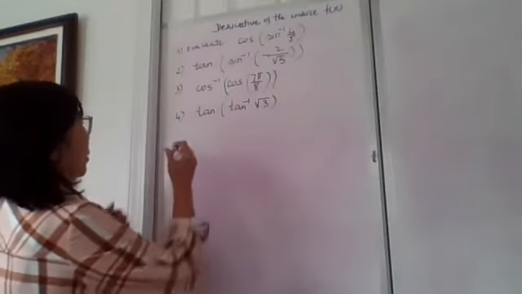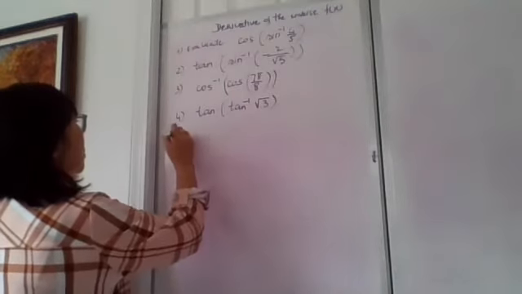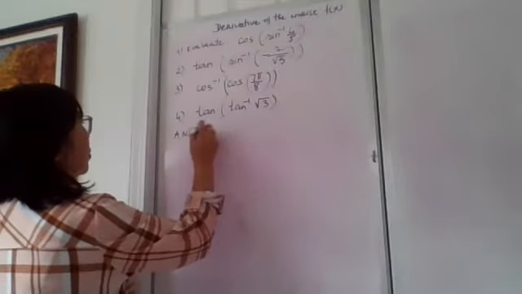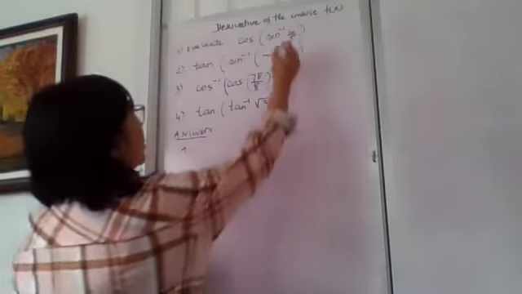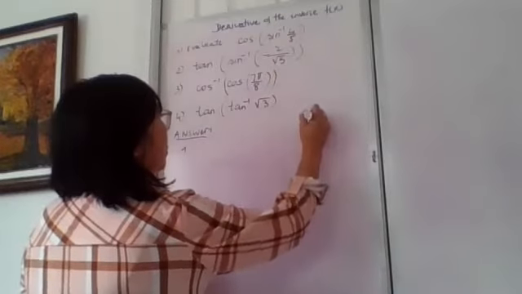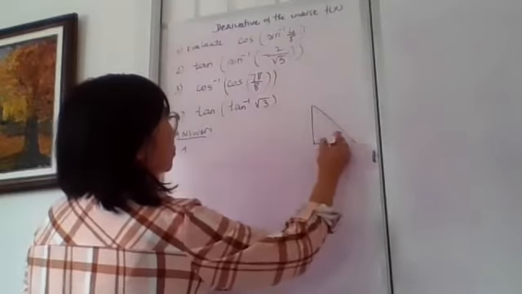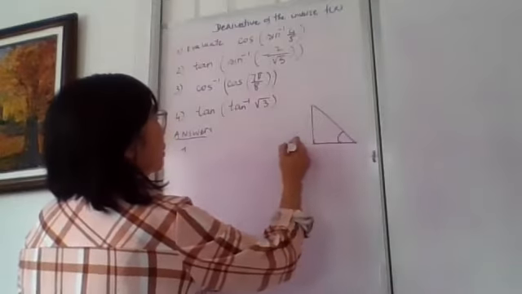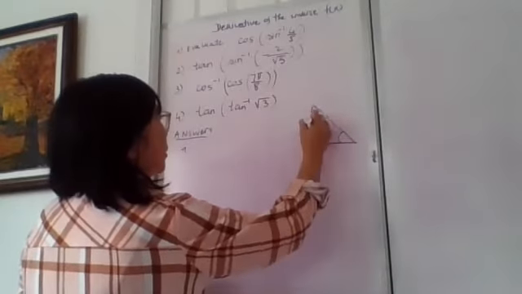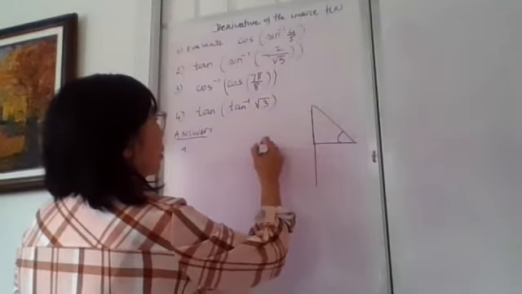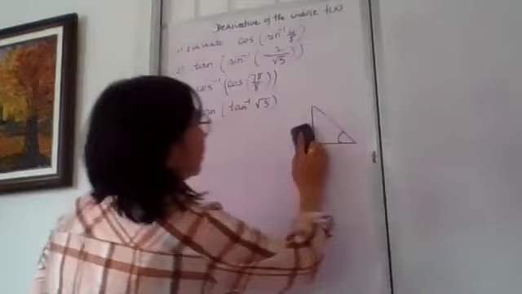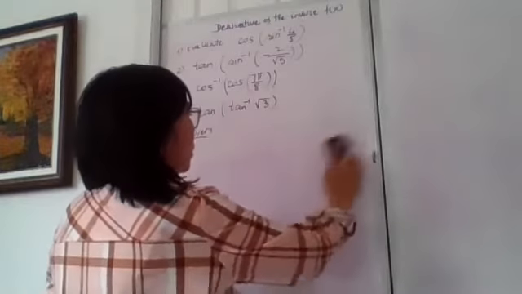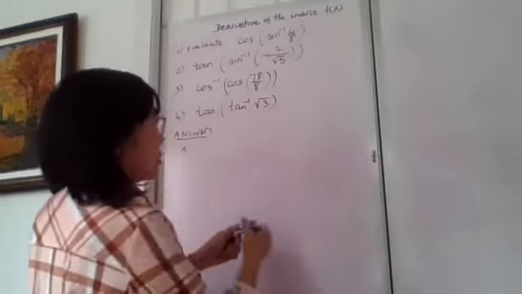So let's do the answer to number 1. Inverse sine of 4/5, I'm going to create a triangle in the coordinate quadrants.